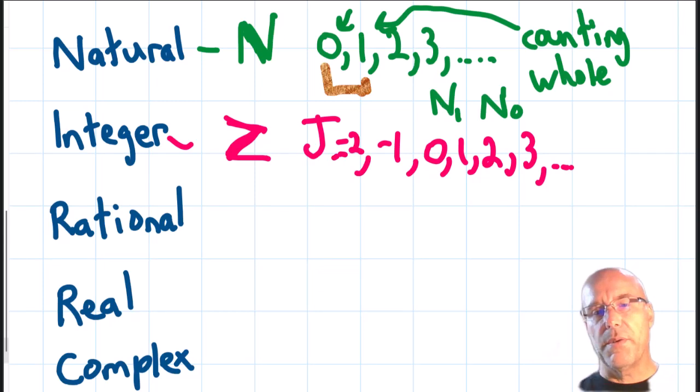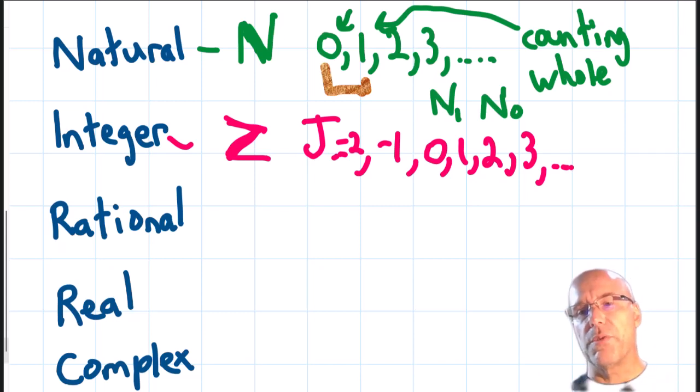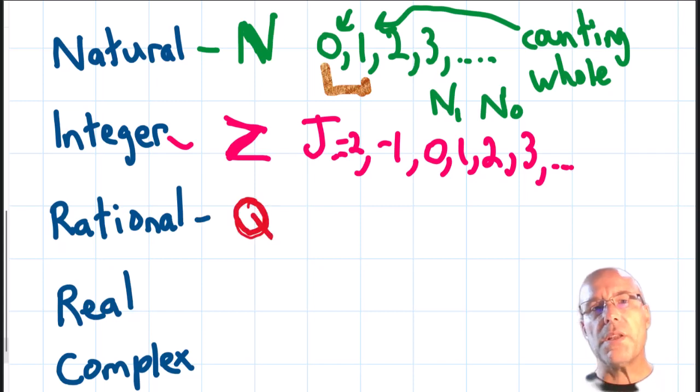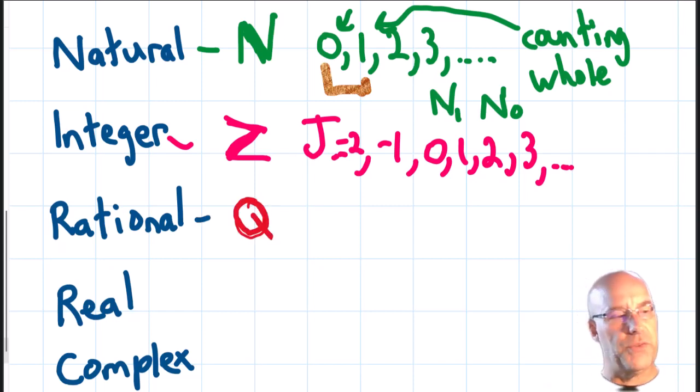And so we go from negative infinity through to negative numbers like -2, -1, 0, 1, 2, 3, and so on. Okay, so they're integers. Again, whole numbers, no fractions, but it can be negatives as well. Negatives, positives, or 0.